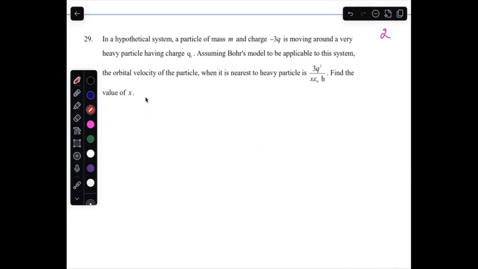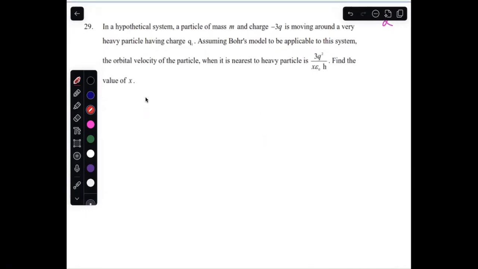Assuming Bohr's theory to be applicable to the system, the orbital velocity of the particle when it is nearest to the heavy particle is 3q square by x epsilon naught h.